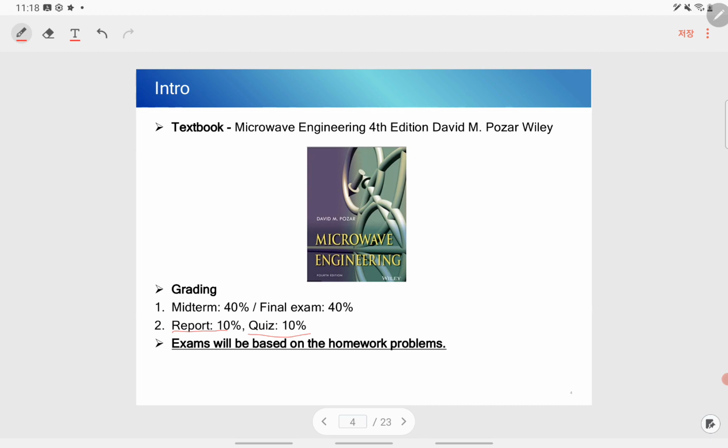In my course, students need to solve homework problems by themselves, and if you do that, you will get a good grade in the exam. So you need to work on a daily basis, not just in the exam period.